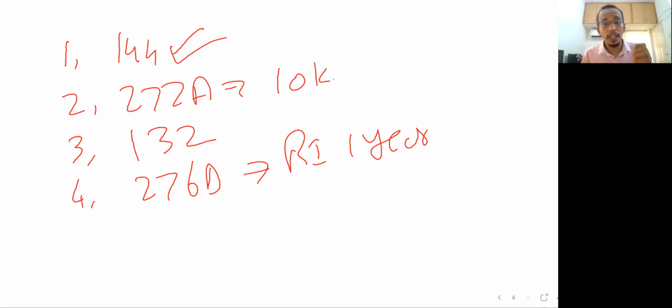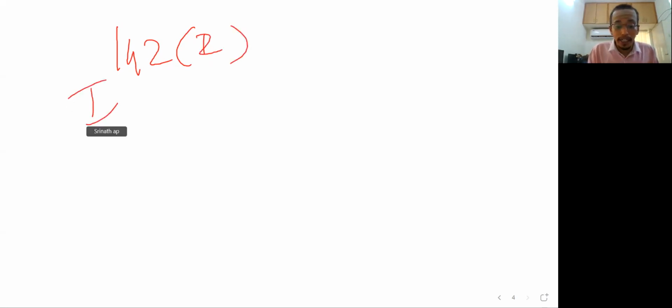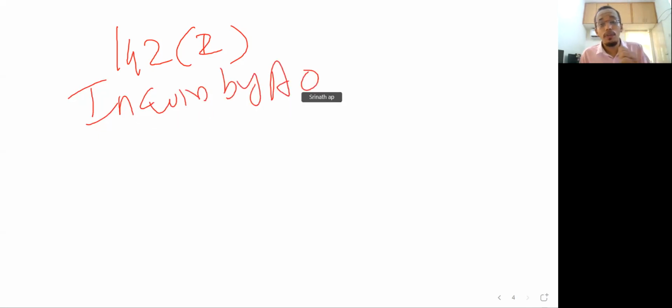So this is what we have got under section 142, subsection 1, the 3 notices. 142 subsection 2 is inquiry by the assessing officer. For what?